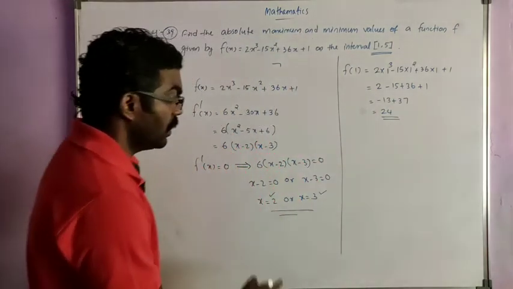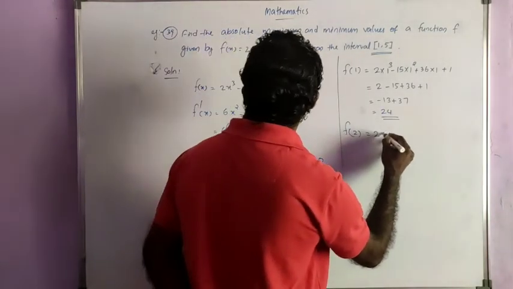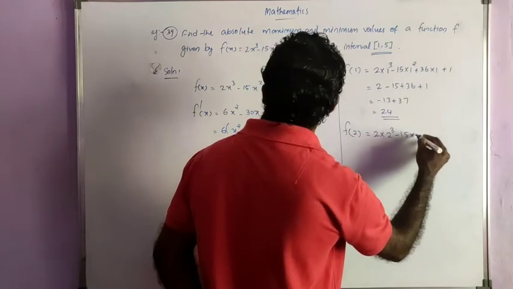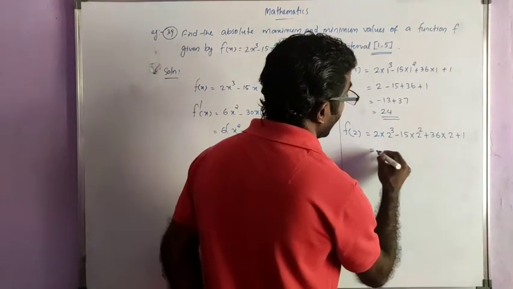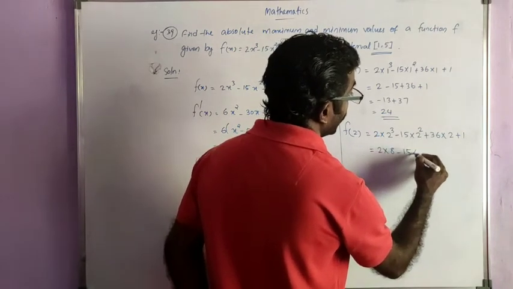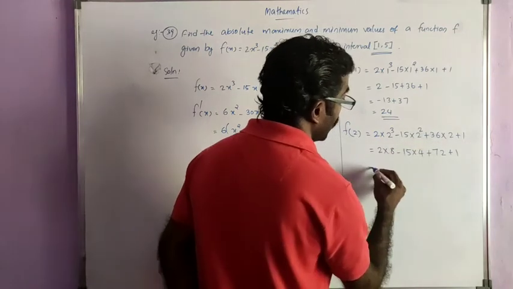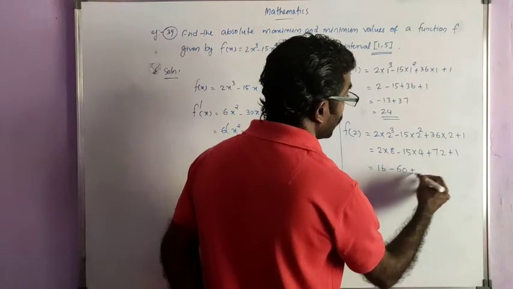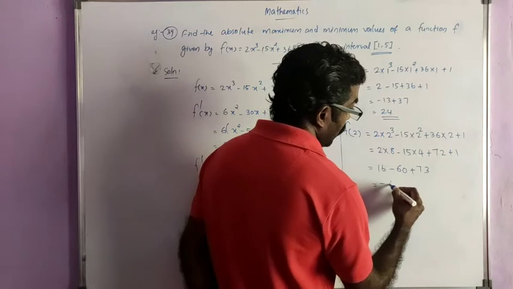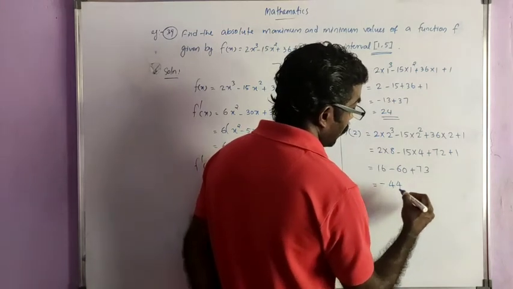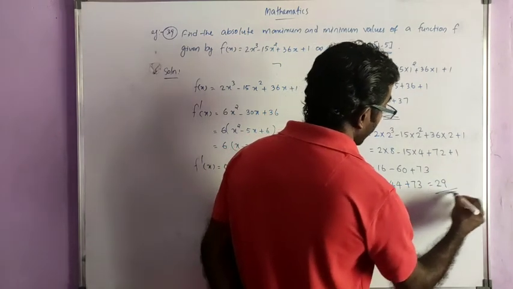Now f of 2: 2 into 2 cube minus 15 into 2 square plus 36 into 2 plus 1, which is 16 minus 60 plus 72 plus 1, equal to minus 44 plus 73, equal to 29.